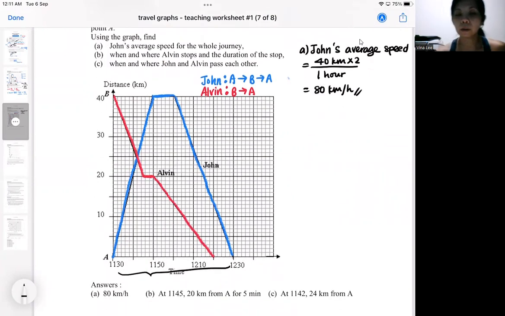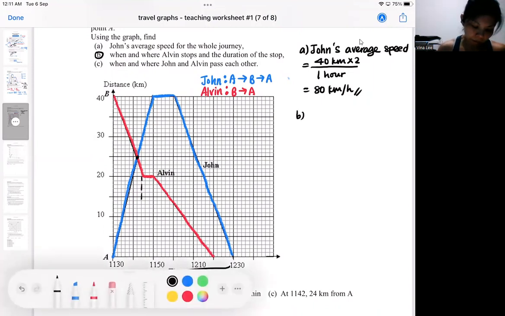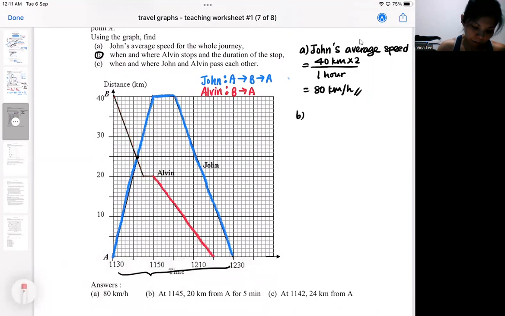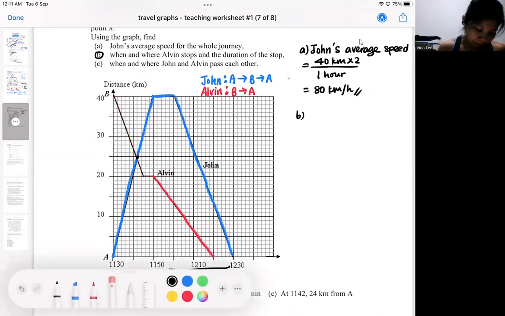Because they are traveling from different directions, later on there will be a certain point where they meet. Before we realize that, we talk about part B. Part B: when and where Alvin stops. So Alvin stopped here.